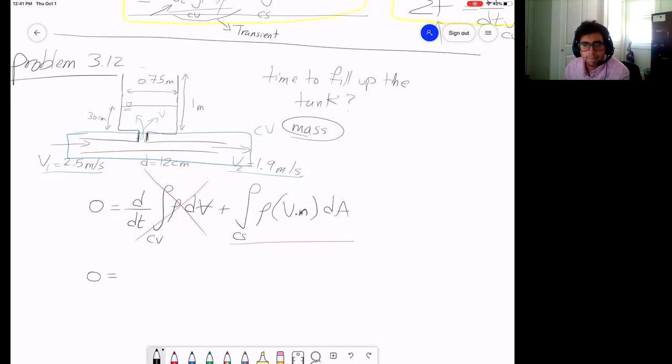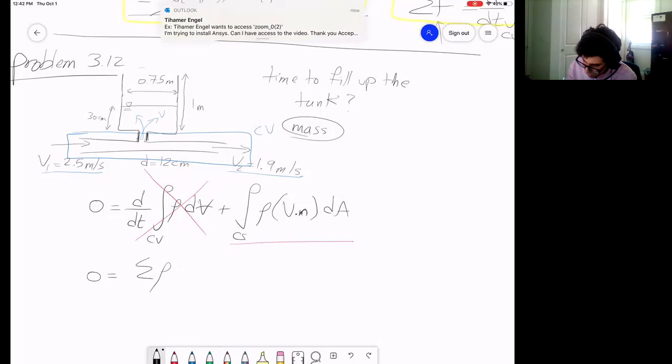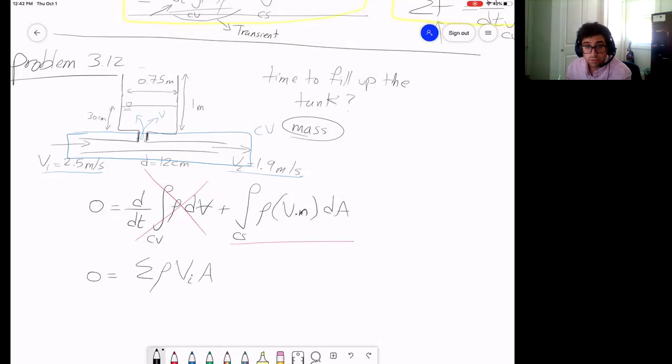The sum of rho, rho I VI, minus the same thing. So rho times velocity times the area for the inlet, right?